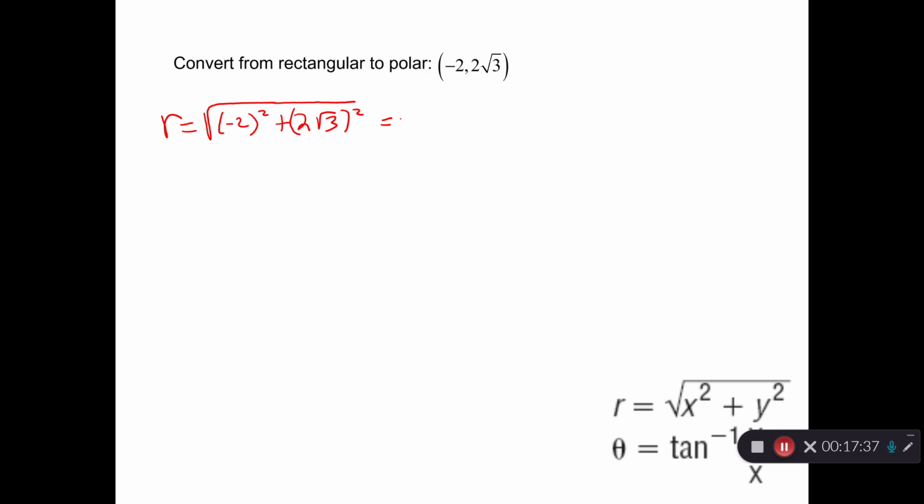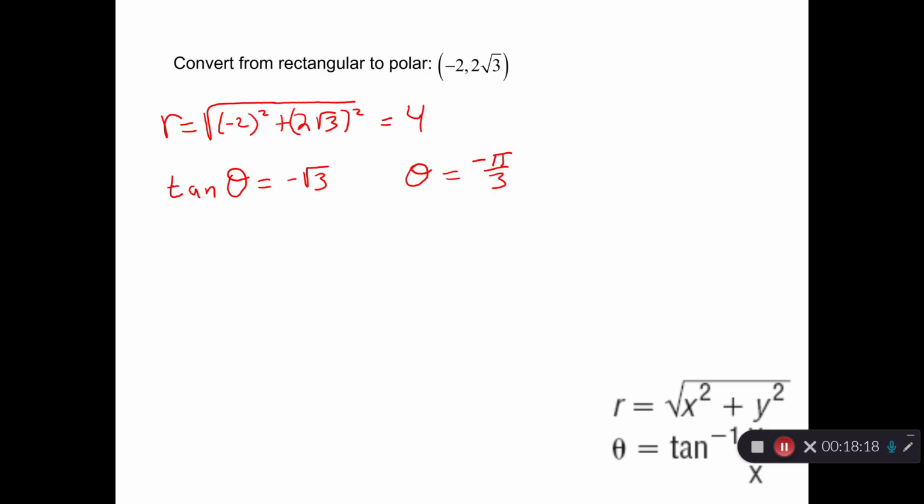All right, hopefully you paused the video and worked it out. So this should be 4. And I have tangent of theta equals y over x, which would wind up being negative radical 3. So theta would equal, I got negative pi over 3, even though my pen doesn't seem to want to write today.